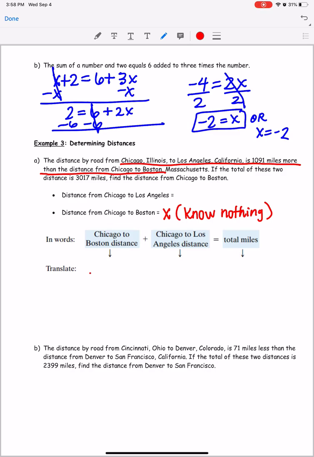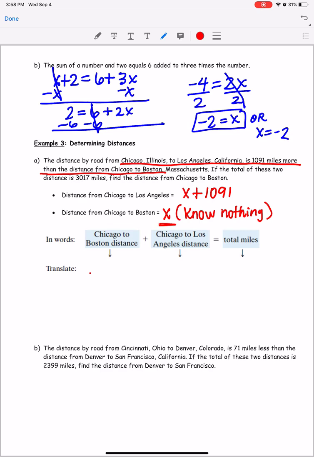So then, if Chicago to Los Angeles is this many miles more than this distance here, how do we represent that? It's going to be whatever this distance is, so X plus 1,091 miles.